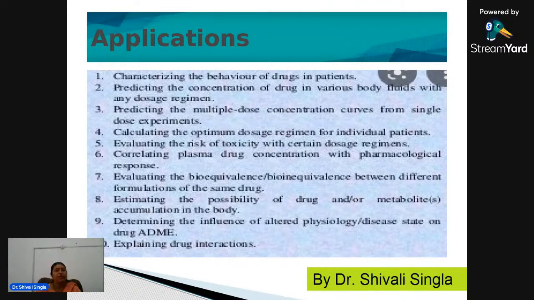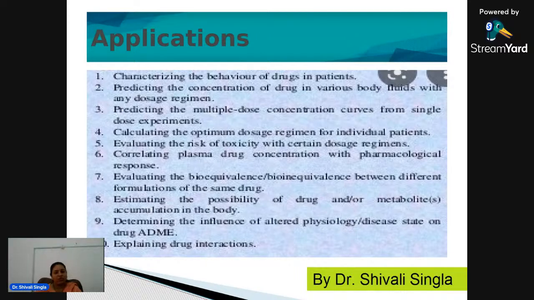The second application is predicting the concentration of drug in various body fluids with any dosage regimen. With the help of these models, in various body fluids, in kidney, heart, lungs, or any other tissue fluid, we can predict the concentration of drug.